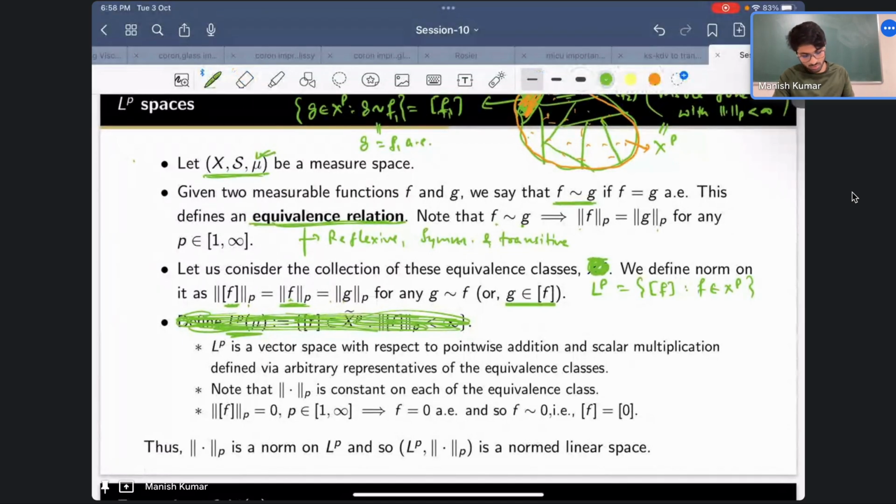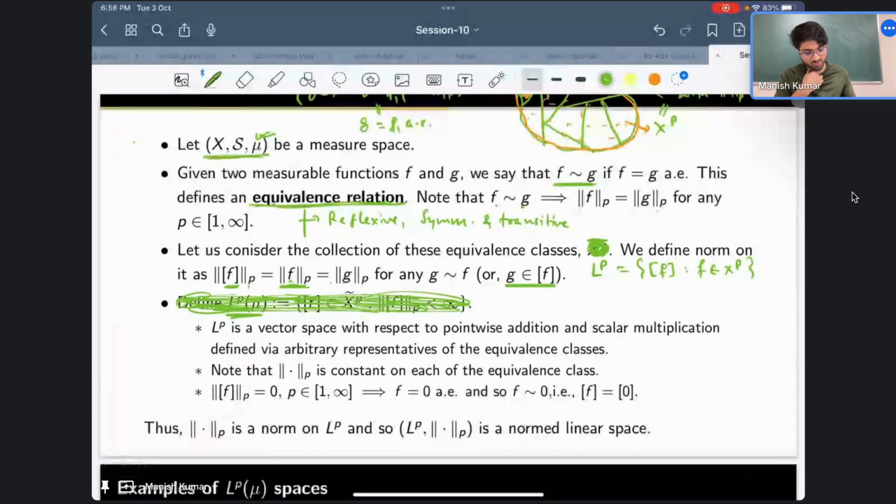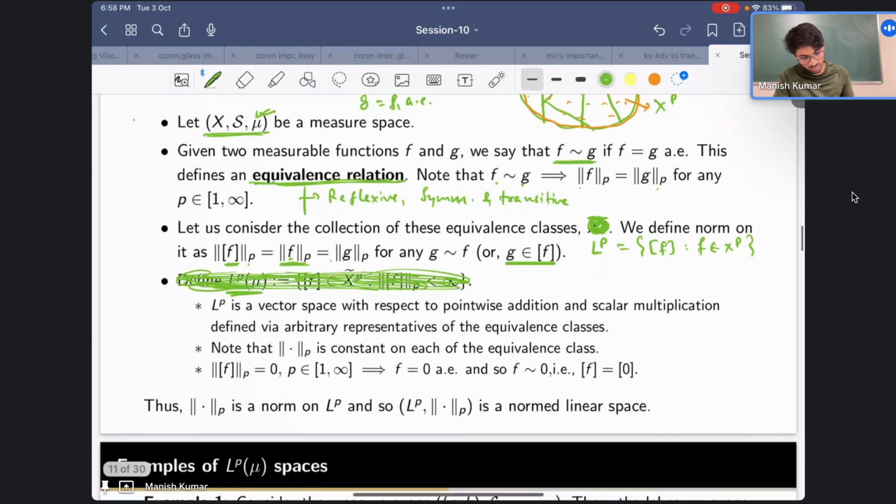Now you can check that this L^p is also a vector space with respect to pointwise addition and scalar multiplication. From the definition it is clear that this norm is constant on one equivalence class. This is one equivalence class, and there are other equivalence classes; these are the partition.